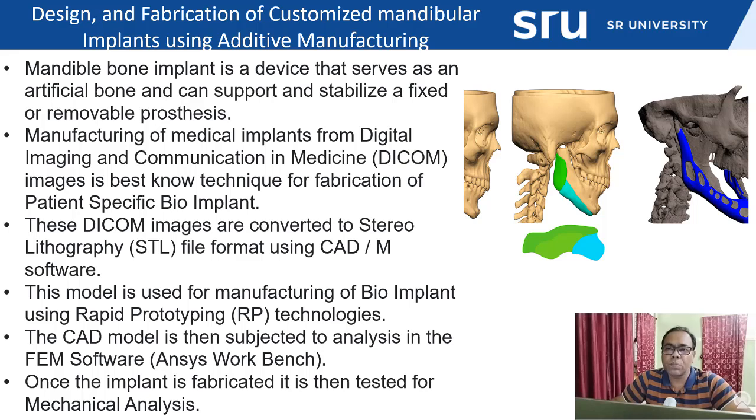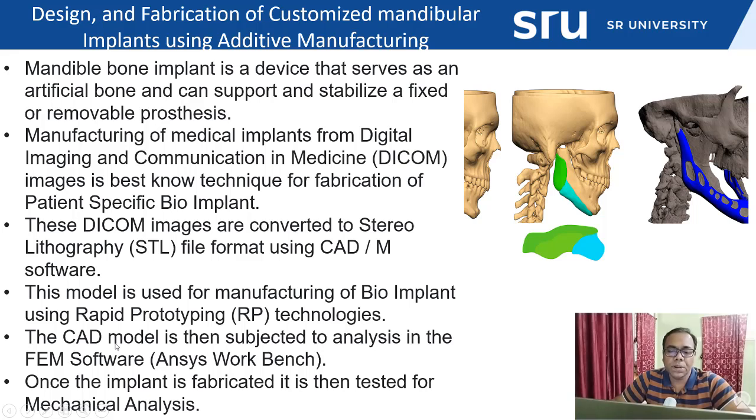And then once the CAD model is ready, it will be converted into the STL file format. That's why I have mentioned here that DICOM images are converted into the stereolithography file format using CAD/CAM software. Once this model is ready, it is used for manufacturing the bioimplant using a rapid prototyping technique.